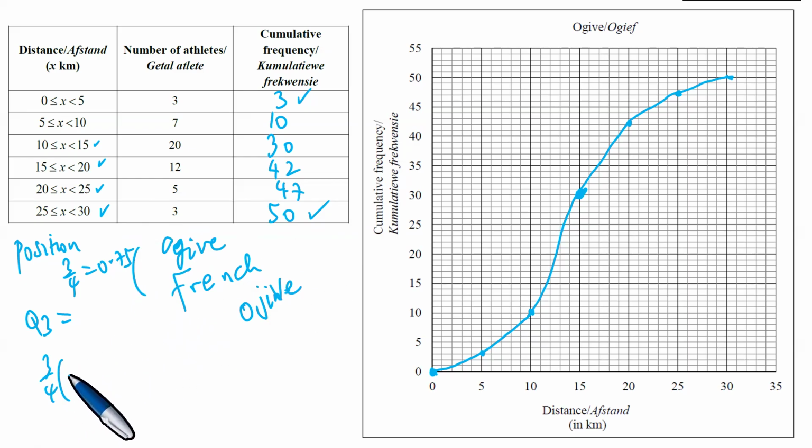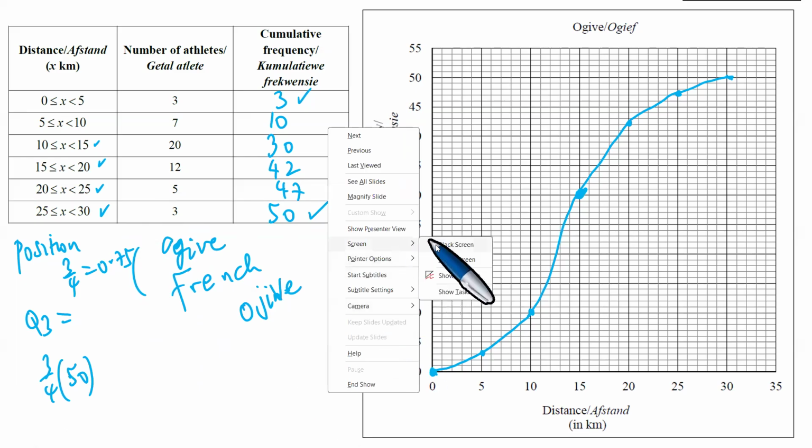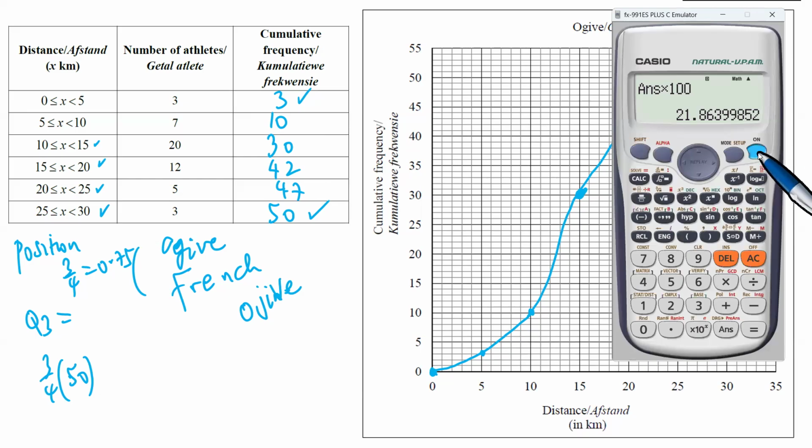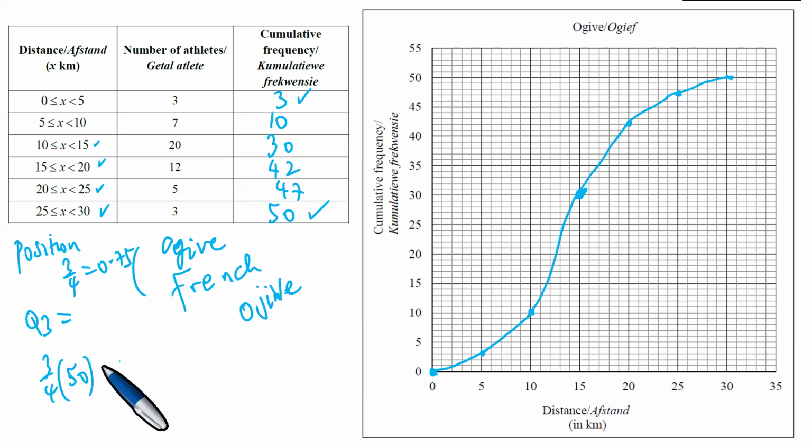Now let us use a calculator for this, which is 37.5. And then you have 1/4.